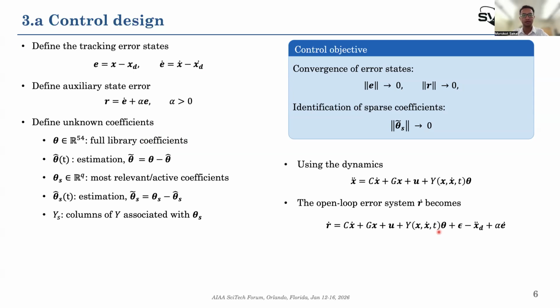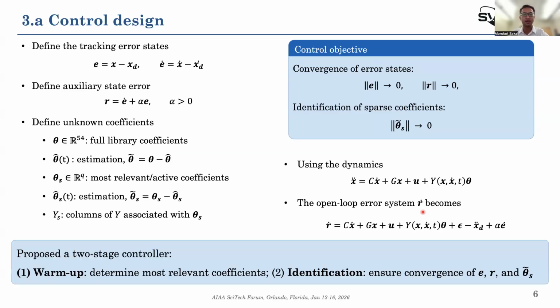And finally, to be able to do this sparse regression, we need to formulate a 2-stage controller. The first stage is called warm up, and the main idea is that we need to determine the most relevant terms. And then the second stage is the identification stage that ensures the convergence of all the states and estimations.